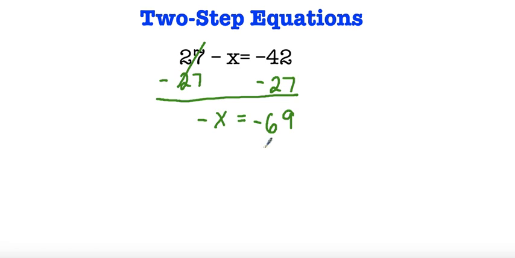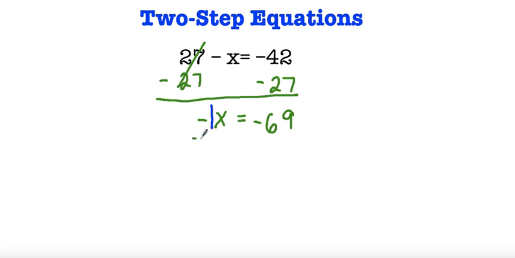And now we're not done just yet, because we have negative x is equal to negative 69. And we just want the x by itself. So in order to get rid of the negative in front of it, be mindful that the coefficient here is negative 1. So we'd have to divide both sides by negative 1 to get the x by itself.